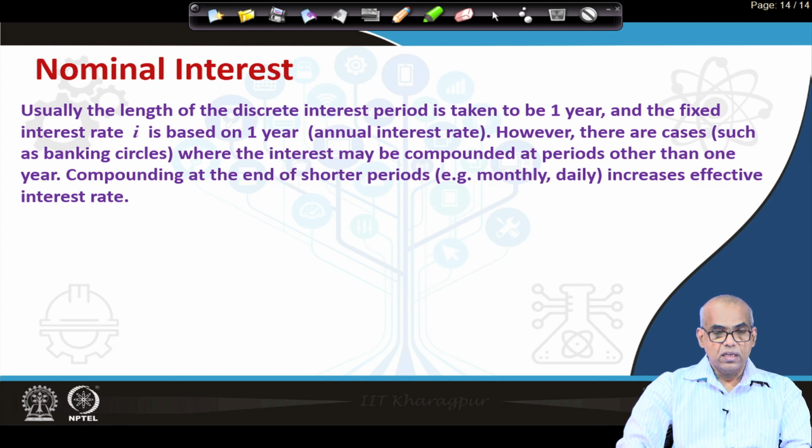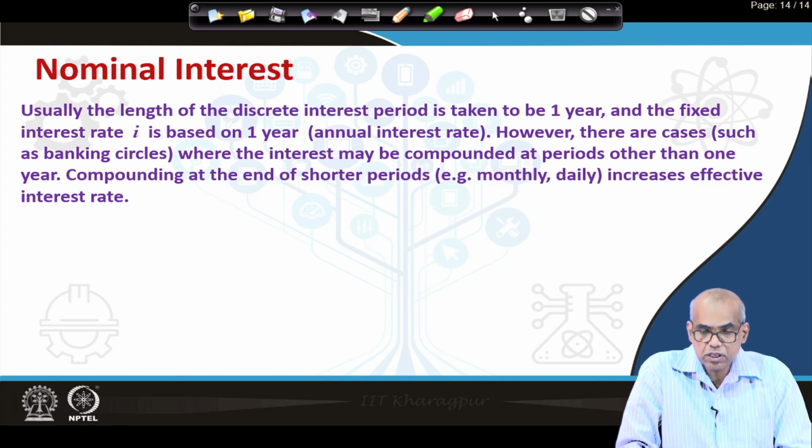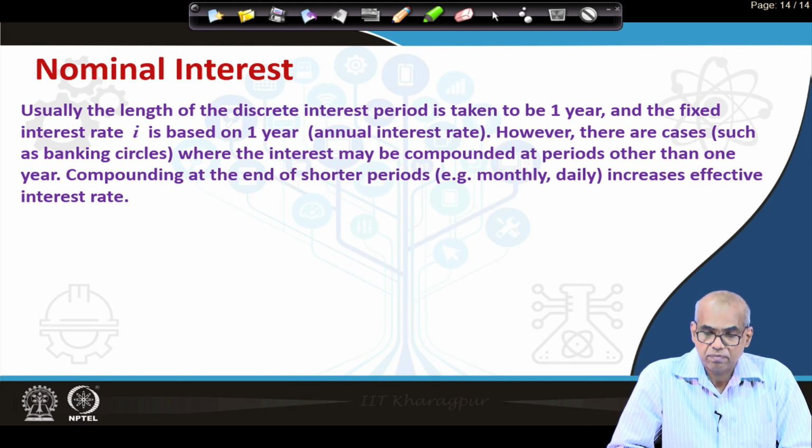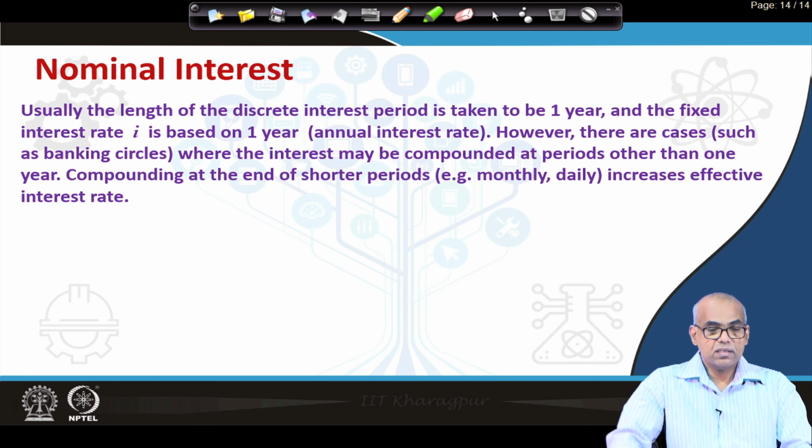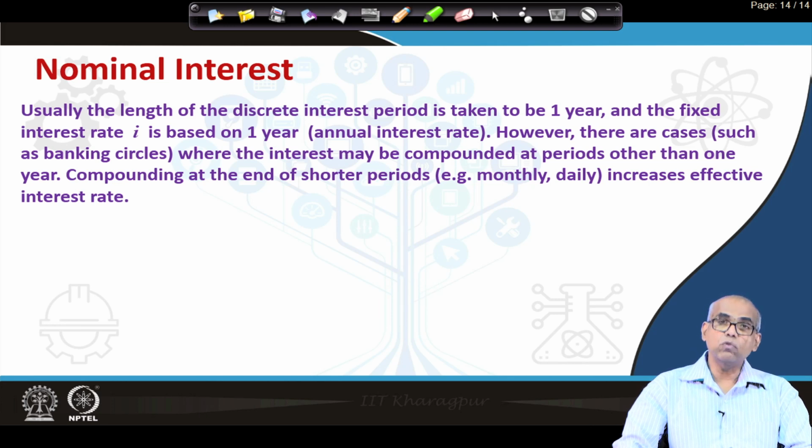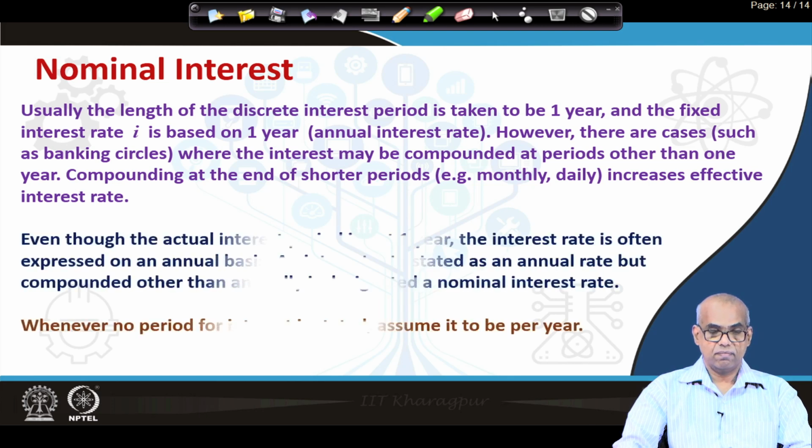Nominal interest. Usually, the length of the discrete interest period is taken to be 1 year, and the fixed interest rate i is based on the 1 year annual interest rate. However, there are cases such as banking circles where the interest may be compounded at periods other than 1 year. Compounding at the end of shorter periods such as monthly or daily will increase the effective interest rate.